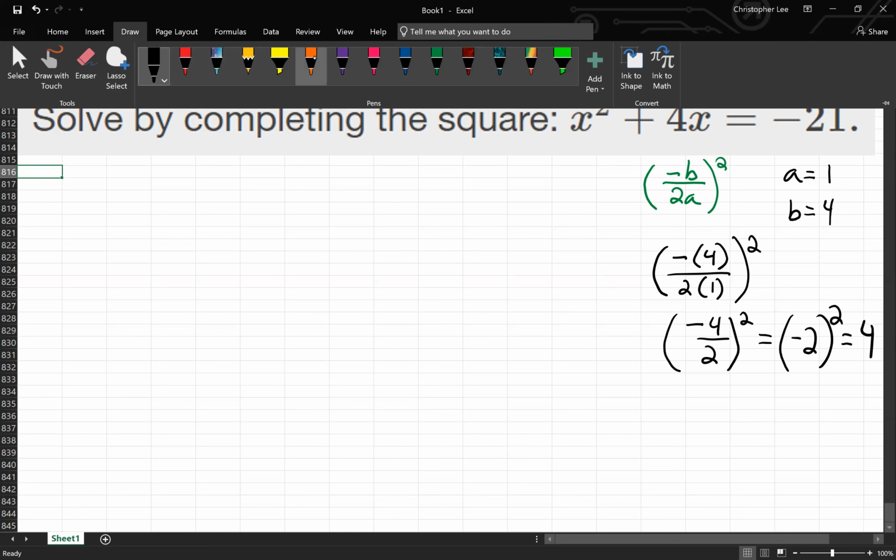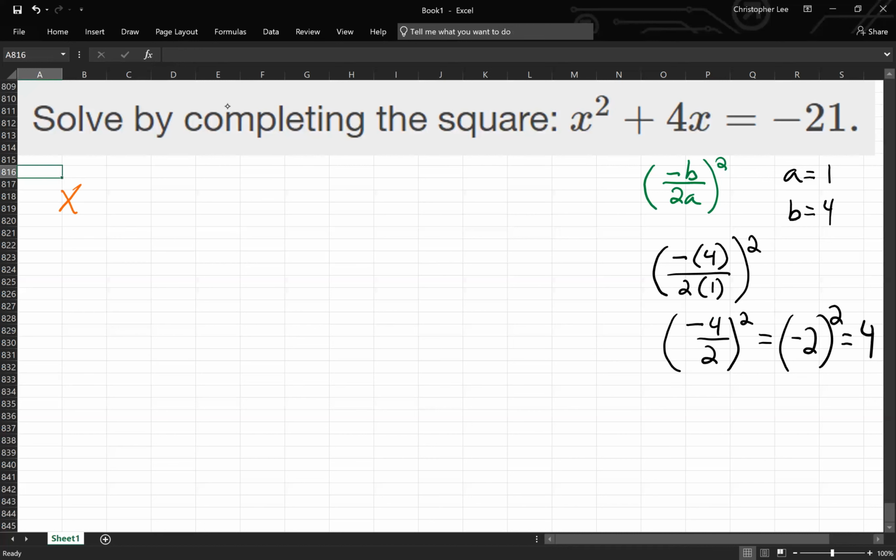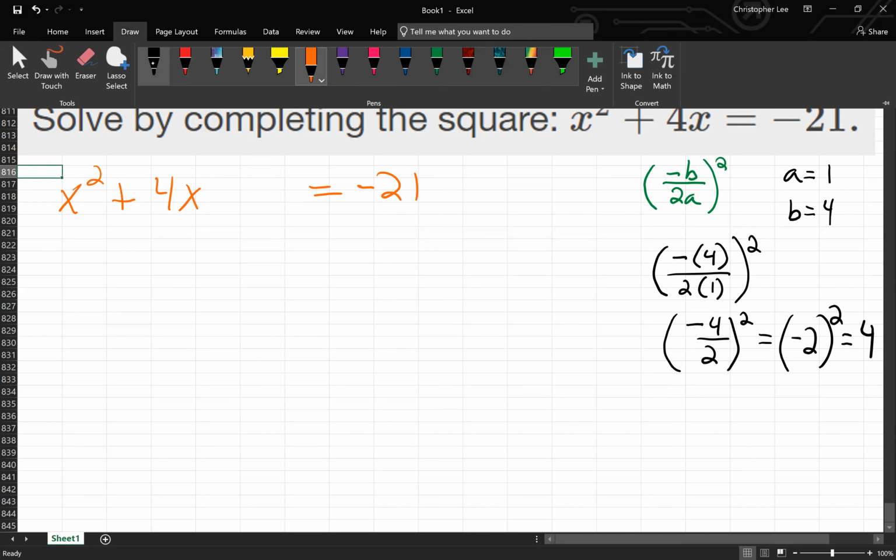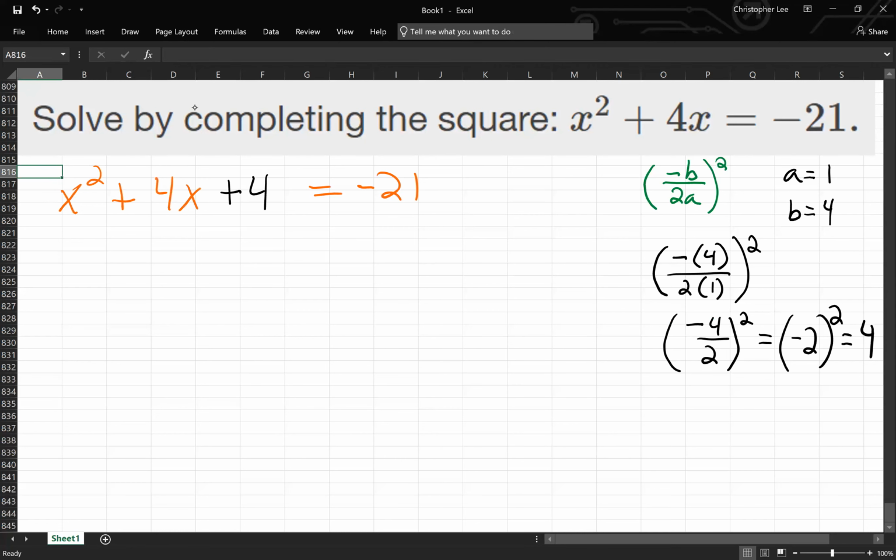Now in the original question, I have x squared plus 4x something is equal to negative 21. And I want to add 4 to both sides. That's what I just found. Then we just do the math on that.